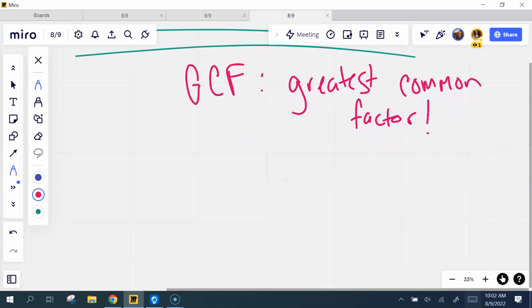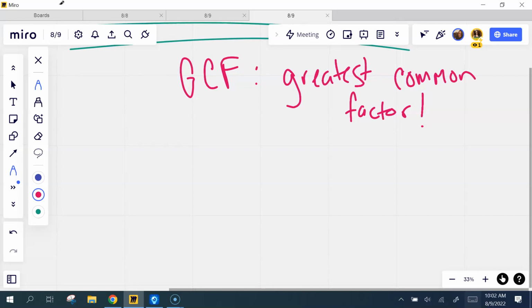What is the GCF? The biggest thing that you can divide both 15 and 25 by with absolutely no remainder, in this case.